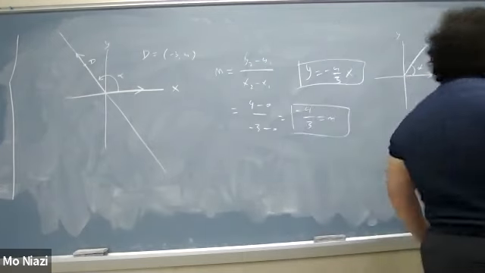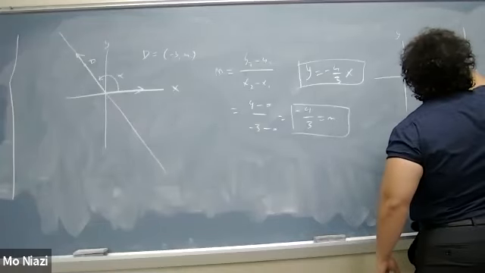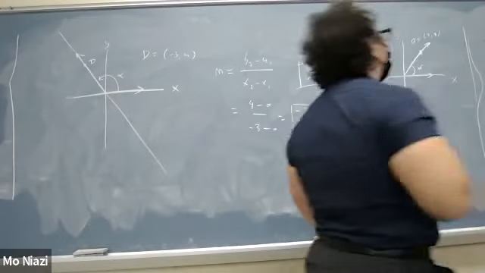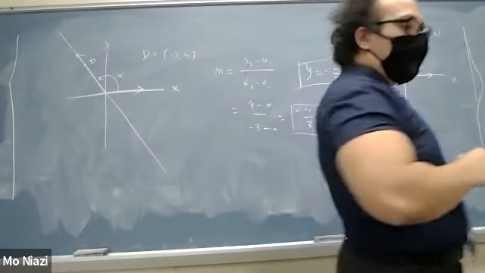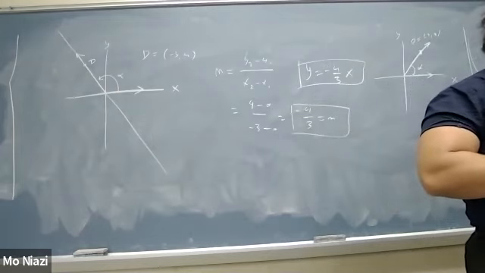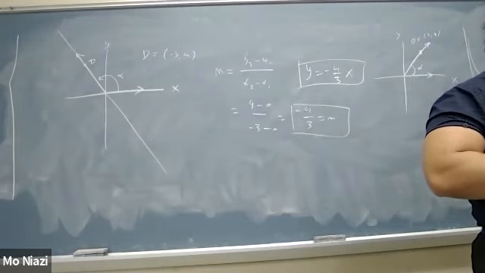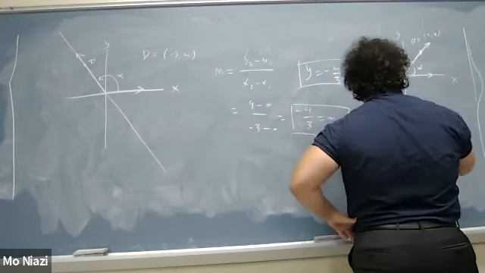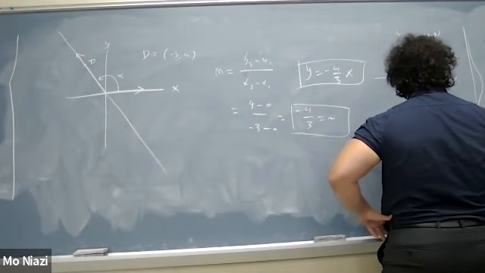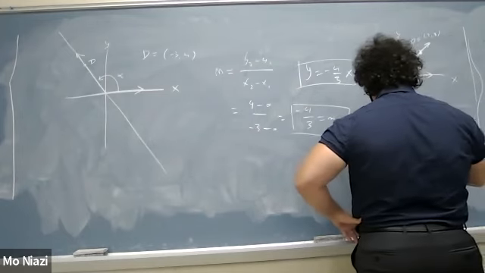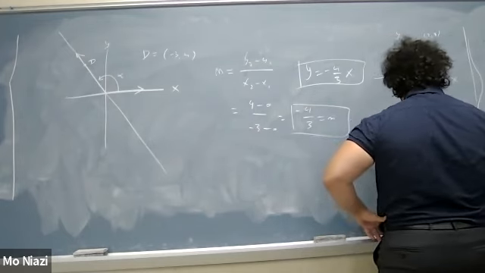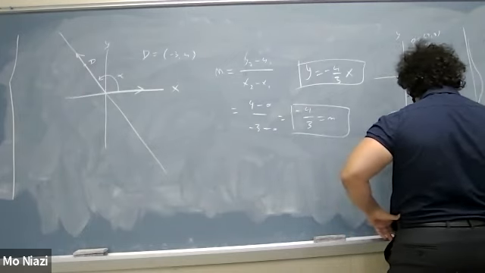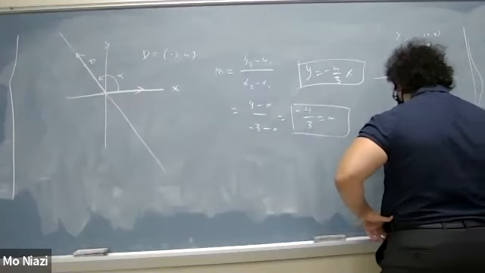And let's say there's this point (2, 3) on this leg. Now, task 1. Find two points on the line other than the origin.